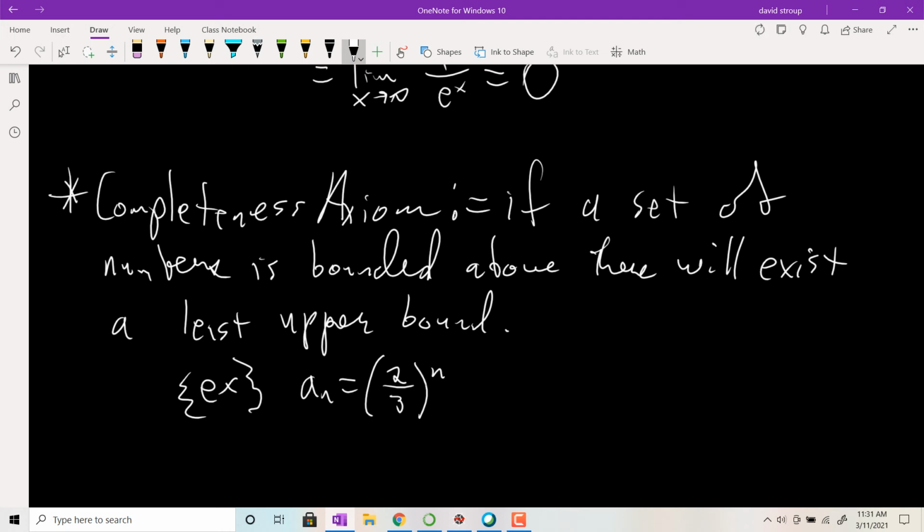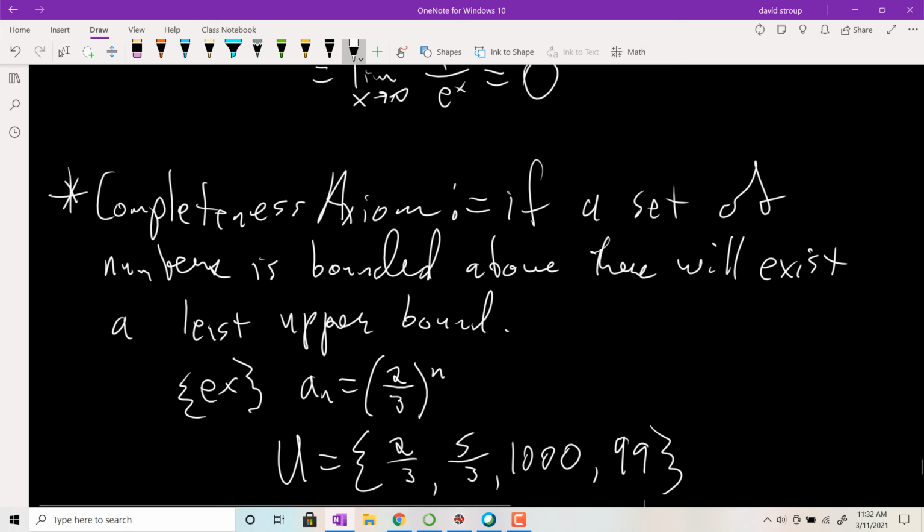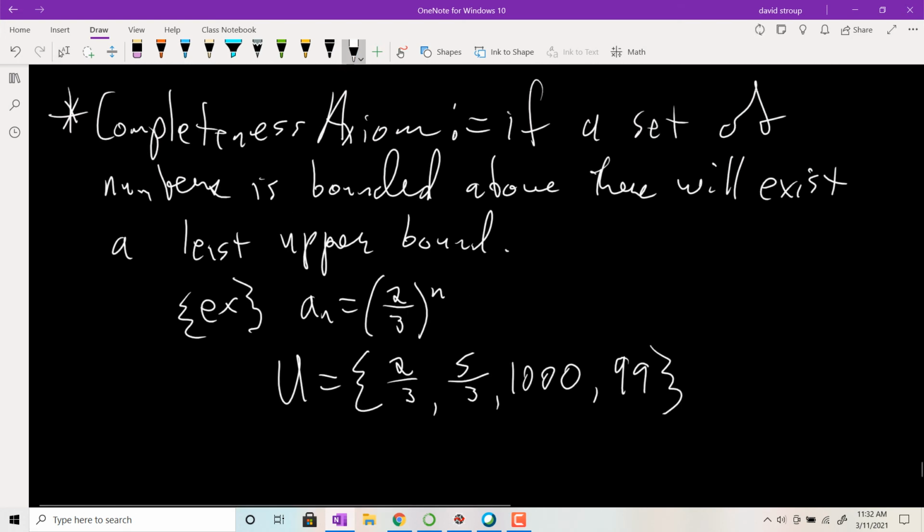This sequence is bounded above by the set, let's call it U, all kinds of junk, right? So it's bounded above by 2/3, it's bounded above by 5/3, bounded above by 1,000, bounded above by 99. There's a set of upper bounds. And what the completeness axiom is saying is that there is a least upper bound. So you could basically take, I guess, the min of all the maxes, and you get your least upper bound.